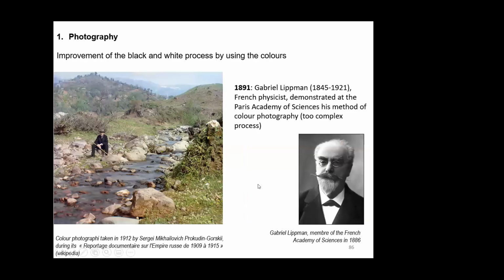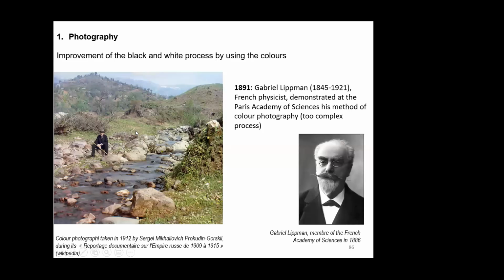Others tried a very complicated process, such as this guy, Gabriel Lippmann. He was a member of the French Academy of Sciences, but his process had no future because the method was too complicated, too complex to improve, especially in the field.